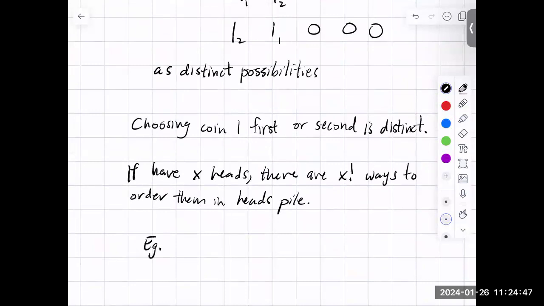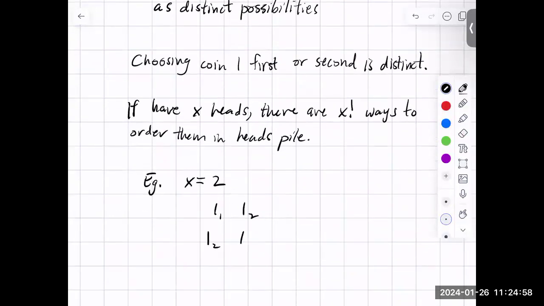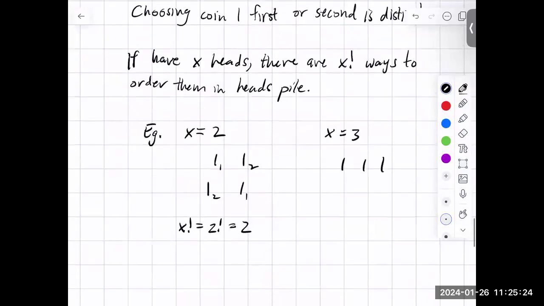So for example, X equals 2, we choose our two heads, which we signify as 1, and we could choose them in these two orders. And X factorial, 2 factorial, is just equal to 2. The reason I said this one's not a good example is because 2 factorial is just 2, so it doesn't illustrate the point. But if we had X equals 3 heads, for example, then we could choose them, and so let's see if we can get the ordering right.